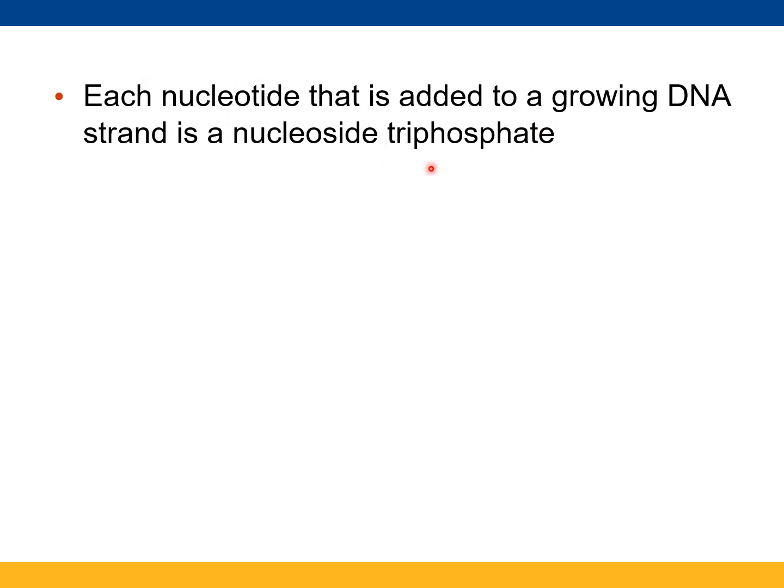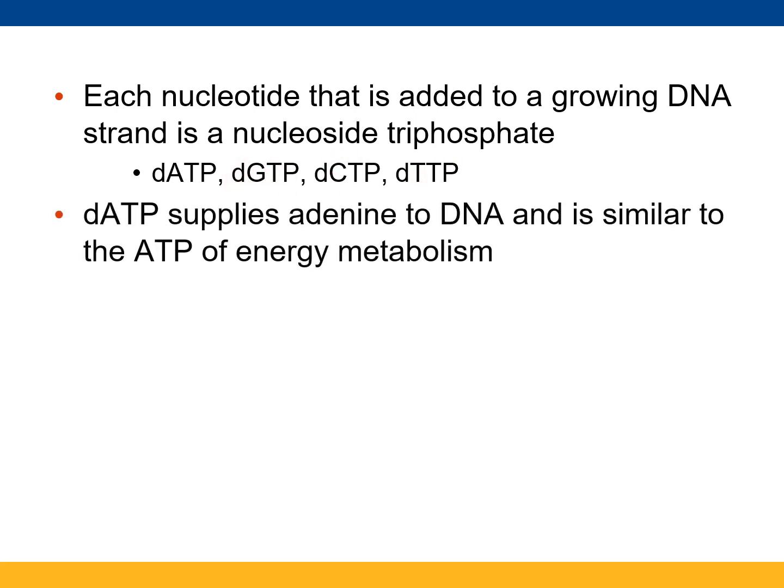So we're adding nucleotides, so nucleoside triphosphate, deoxy ATP. Regular ATP, by the way, is a ribose nucleotide. This is deoxyribose ATP, deoxyribose GTP, and so forth. So it's similar to ATP, and it actually supplies the energy.